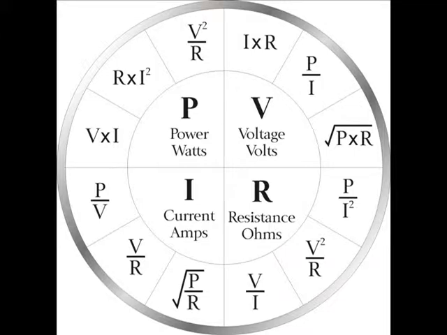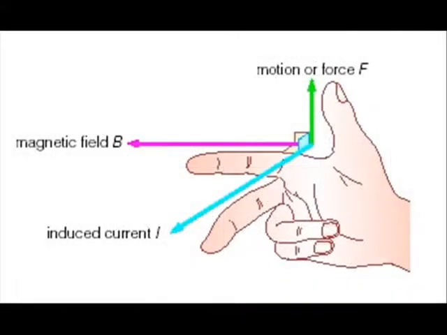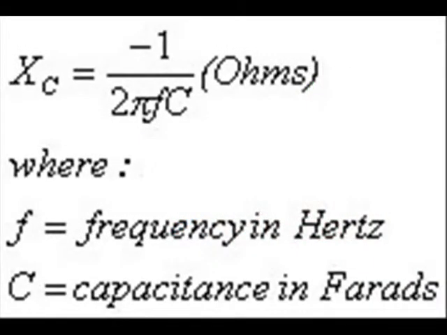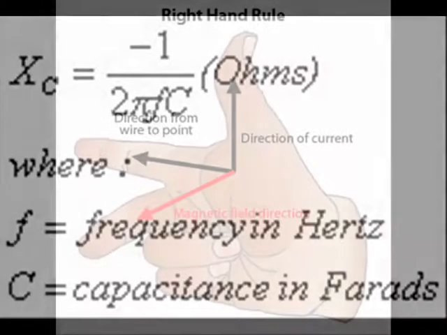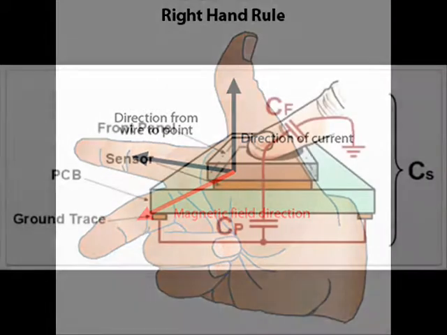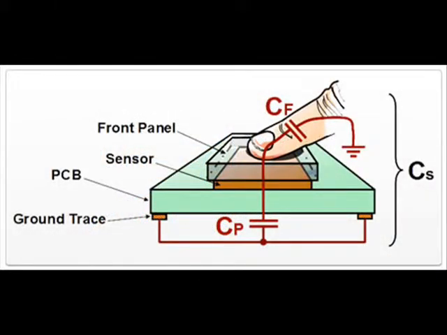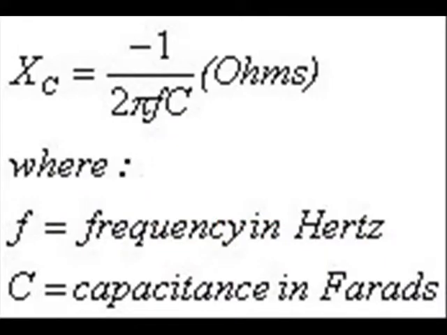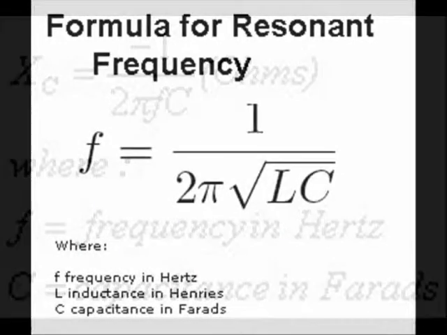Once we get this and we measure over a period of time these measures of volts and amps and resistance, we can now do a simple formula to give us an idea of induction or magnetic properties. If we look into the idea of the right-hand rule, if an electron travels like my thumb, there is a magnetic field made at 90 degrees and an electrostatic field made at another 90 degrees.